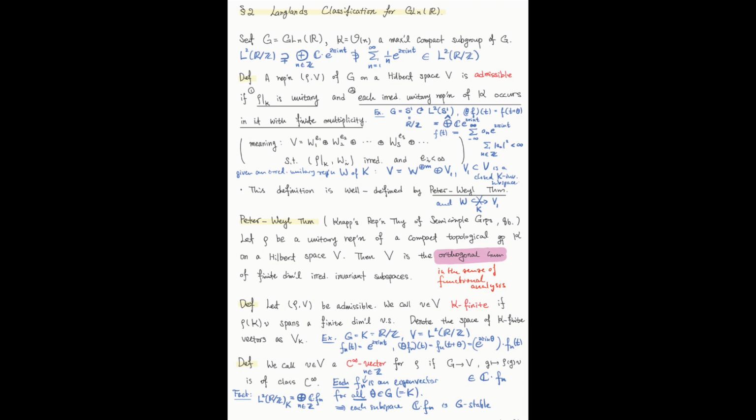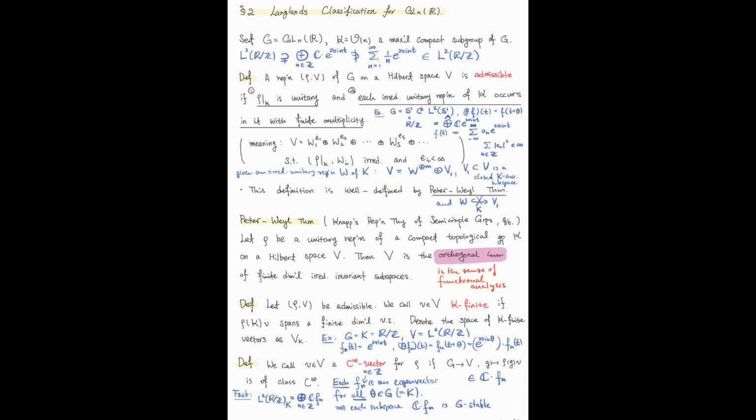A finite sum of what? A_n e^(2πint), right? Yes. So if we let f_n(t) be the function e^(2πint), then by definition, θ acting on f_n(t) is f_n(t+θ).